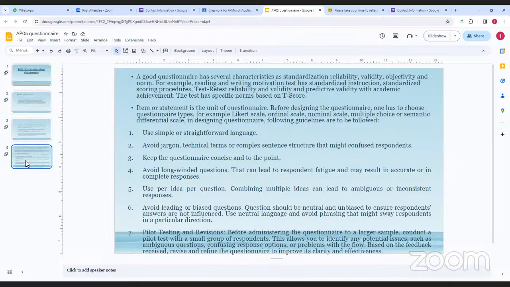A good questionnaire has several characteristics, such as standardization. Standardization means it will be scored objectively, and the instruction will be the same for all the individuals.